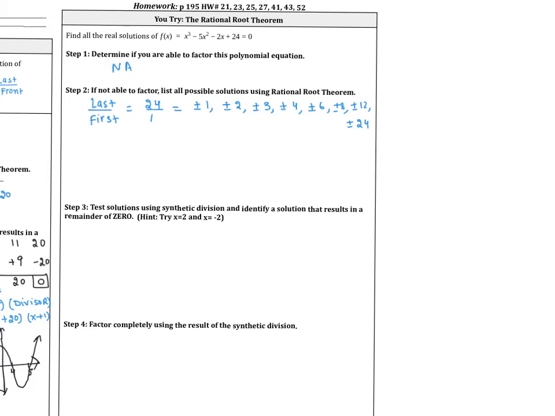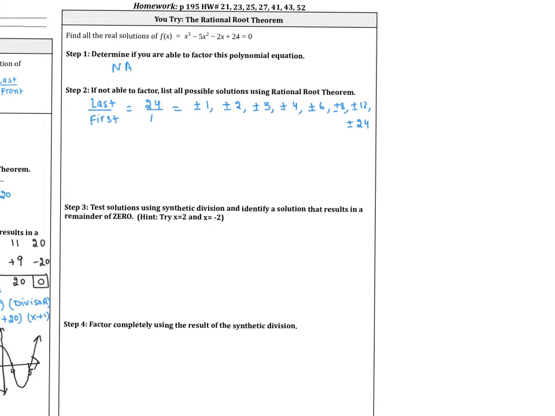We are going to choose the smaller numbers, so either -1 and 1 or 2 and -2. In this case, we are going to use 2 or -2 to see if that gives us remainder 0.